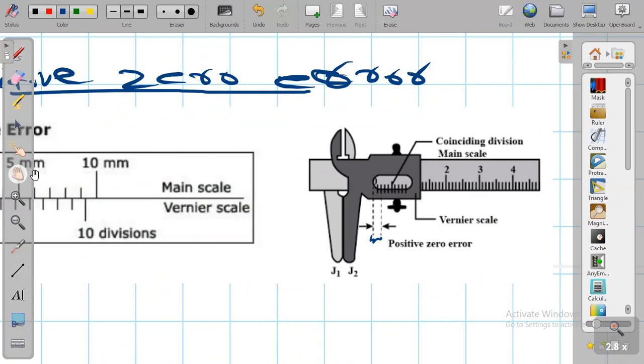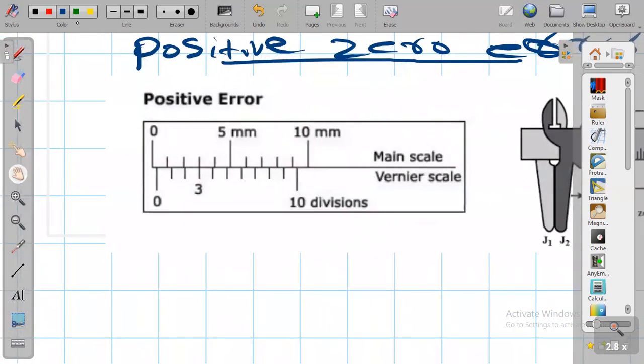So according to this diagram, we have to read it as if it were a normal reading. Write this in a new line: to obtain the reading, how to read it like a normal reading in a vernier caliper.